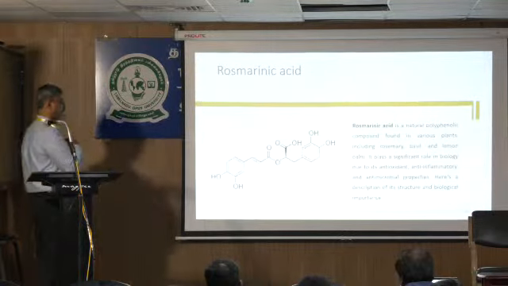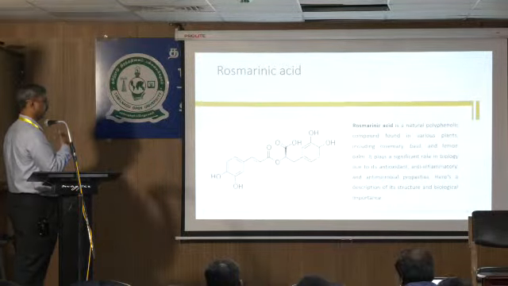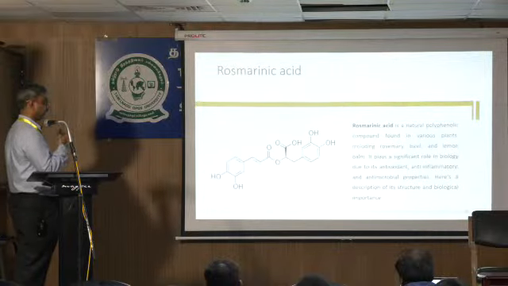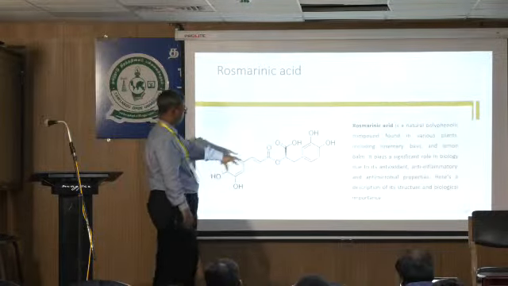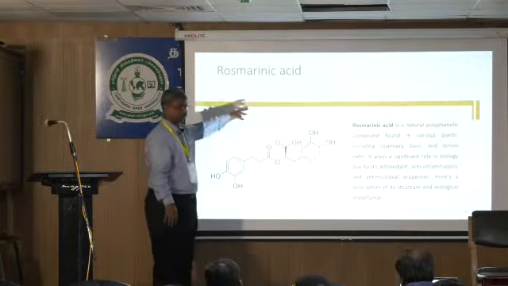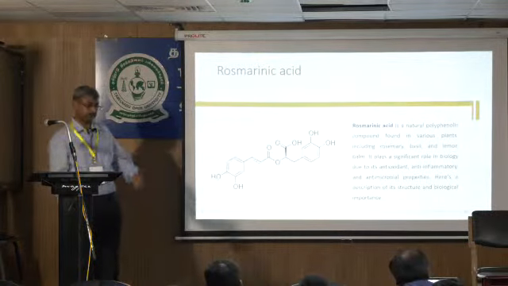It plays a significant role in biology due to antioxidant, anti-inflammatory and antimicrobial properties. And the structure is given, it is a phenolic compound which is extended, and you have a carboxylic acid chain as well here, and that makes this molecule very active.